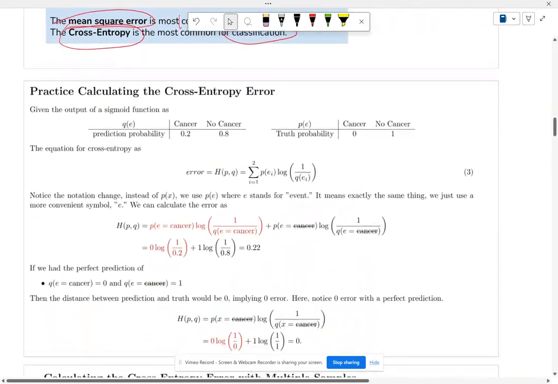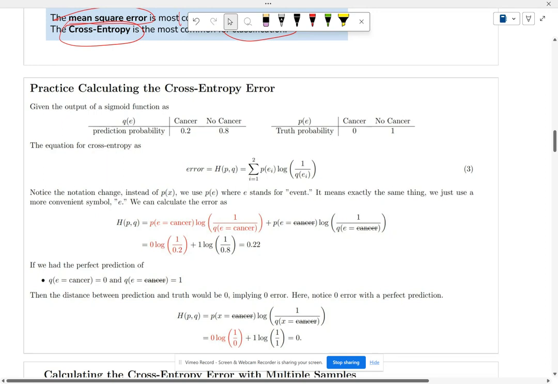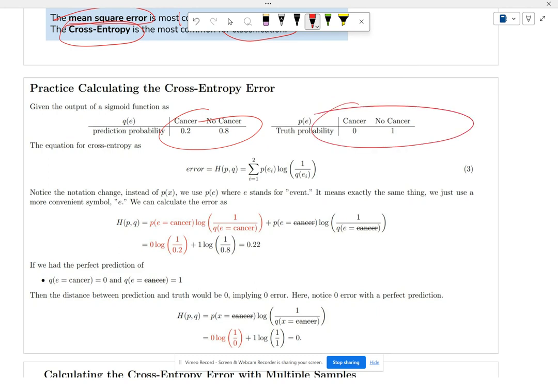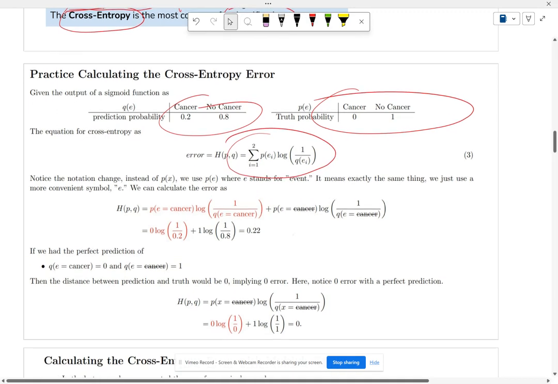So, practicing calculating the cross entropy. Let's say this is the situation we are talking about. This is our prediction, and this is the truth, right? We can also treat this as a Bernoulli distribution, so the error follows the cross entropy.